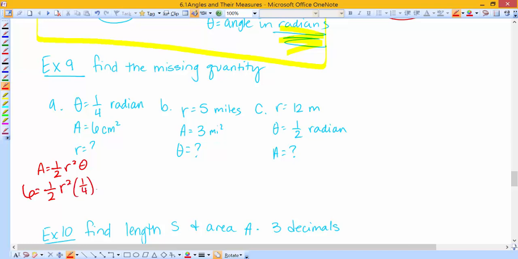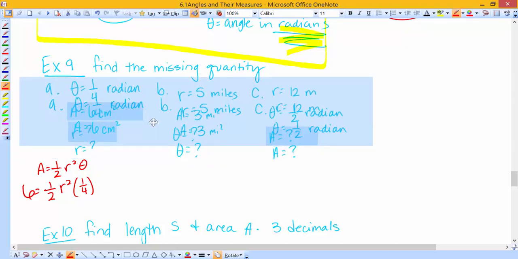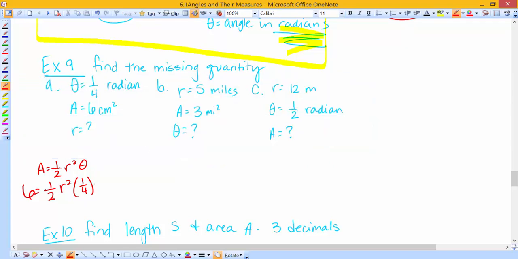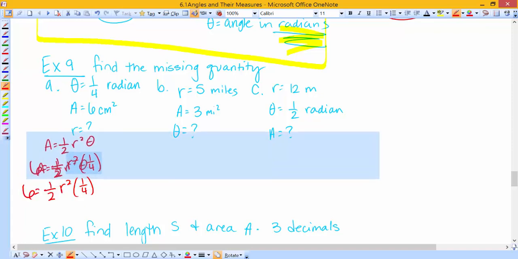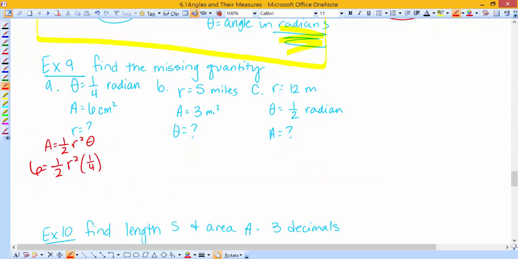I don't have enough room here. I am going to start by making room. Okay. I'm going to multiply 1/2 and 1/4 together, which gives me 1/8. And then I'm going to multiply both sides by 8. So it's going to cancel here.